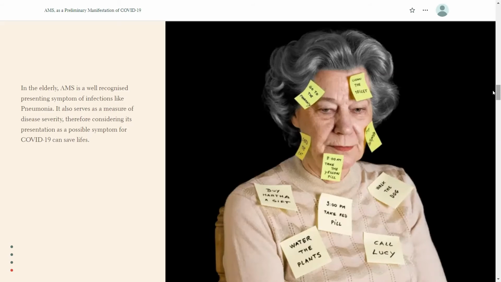Like the word altered, it means the mental status has been changed from the normal presentation it is supposed to portray. And as he tested them, they came out positive for COVID-19. And he said that this might have been a greater risk if they were not diagnosed early enough.